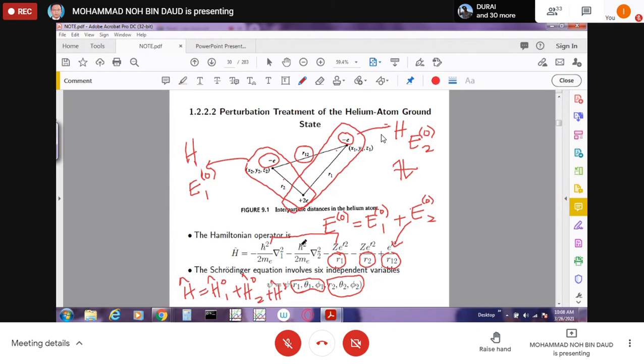This is the perturbation, and this is the second hydrogen-like atom. You learned in Physical 1 the principles of quantum mechanics. When we write this sum of the two Hamiltonians, we can prove the energy is actually the sum of these individual energies, resulting from the solution of the individual Schrödinger equations.